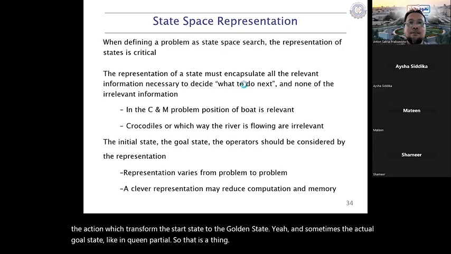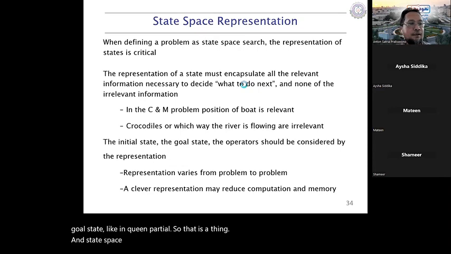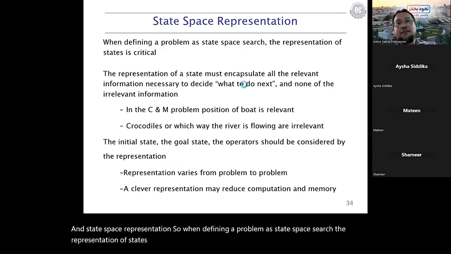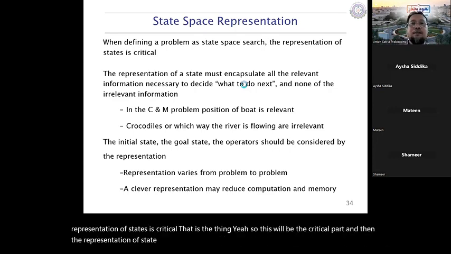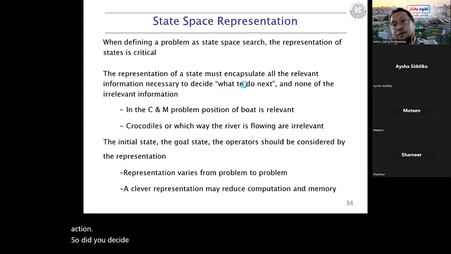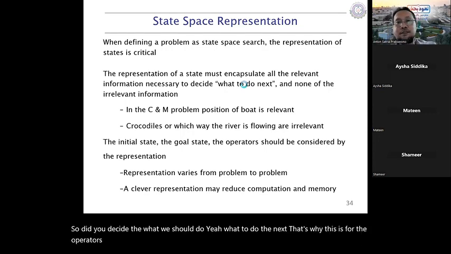And state space representation. When defining a problem as state space search, the representation of states is critical. The representation of a state must encapsulate all the relevant information necessary for the actions, to decide what to do next, and none of the irrelevant information.